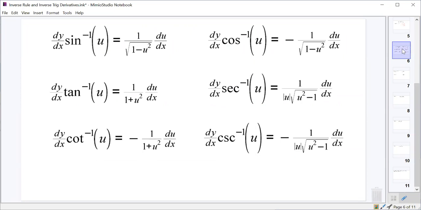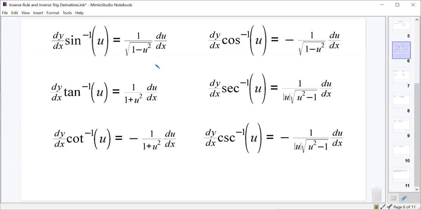So we'll note a couple of things. If we're looking at the inverse sine and the inverse cosine, they're the same, except that the cosine one has a negative sign, right? If we look at the secant and the cosecant ones, they're exactly the same, except that the cosecant one has a negative sign. And if we look at the tangent and the cotangent, they're exactly the same, except the cotangent one has a negative, right?